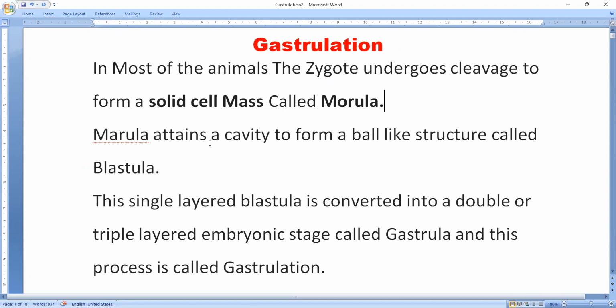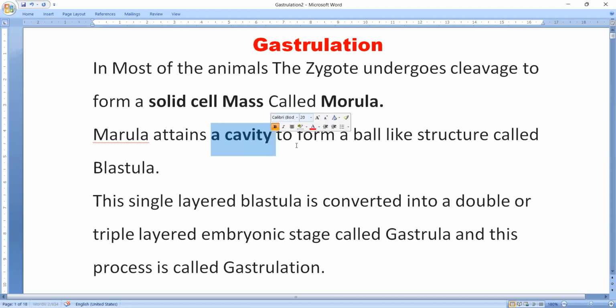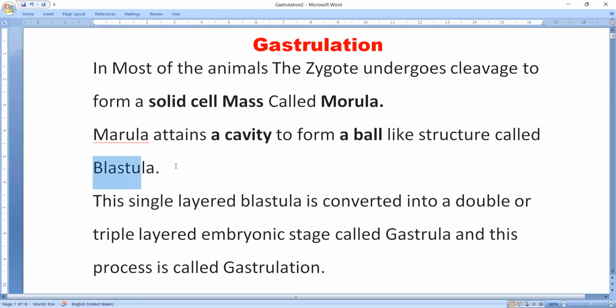The morula acquires a cavity to form a ball-like structure, like a volleyball or rubber ball, called the blastula. The blastula generally contains a cavity.